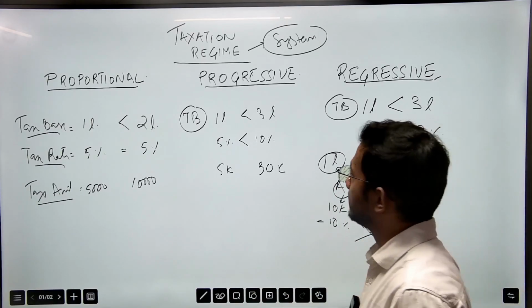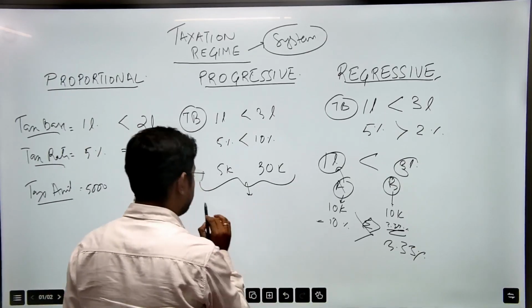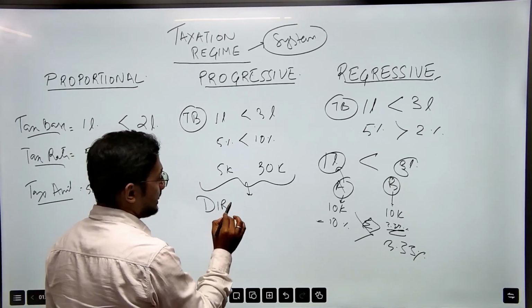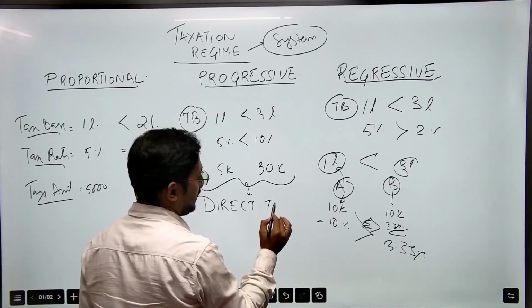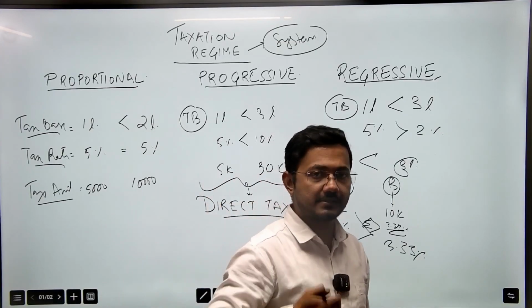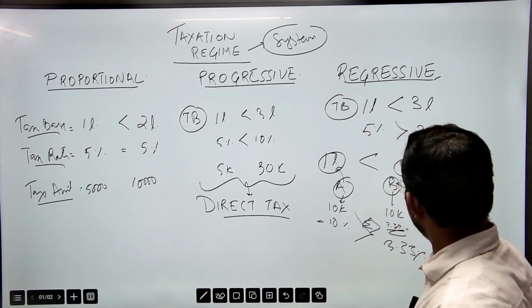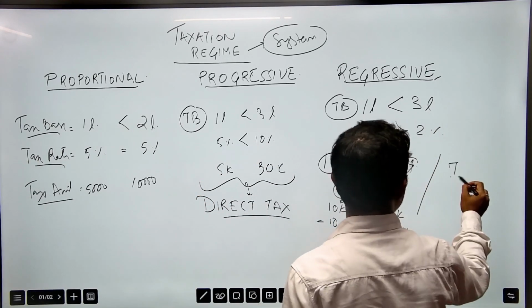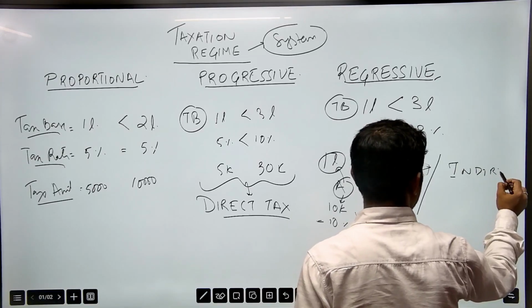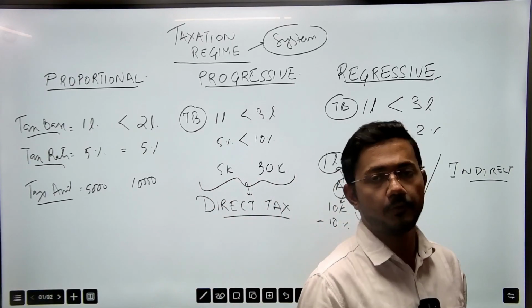Now, what is the interesting fact? The progressive taxation system in India is followed by the direct tax, for example, income tax. The more income you are earning, the more you pay under higher tax slabs. The regressive system is under the indirect tax. Suppose we consider GST. GST is the same for everyone.